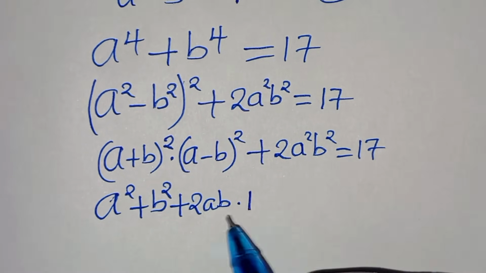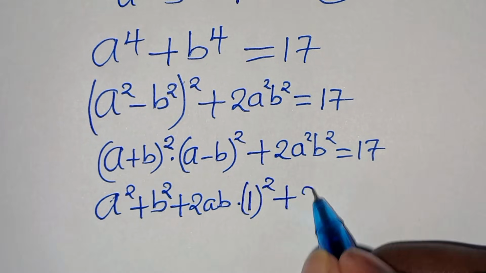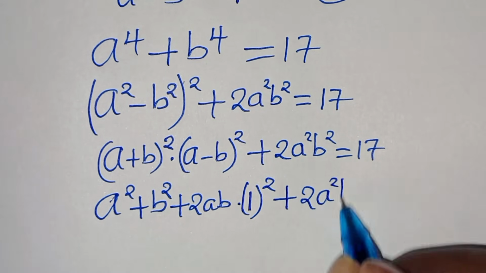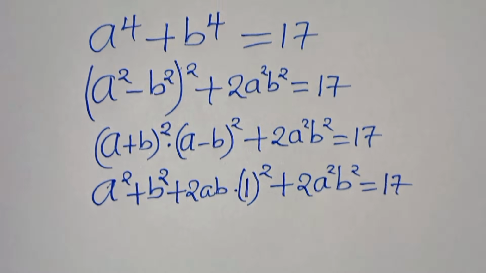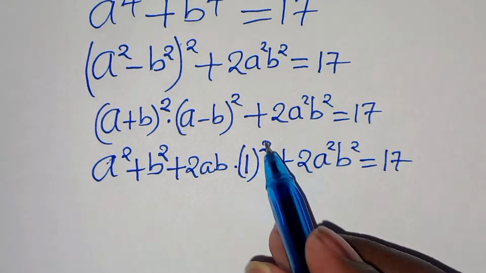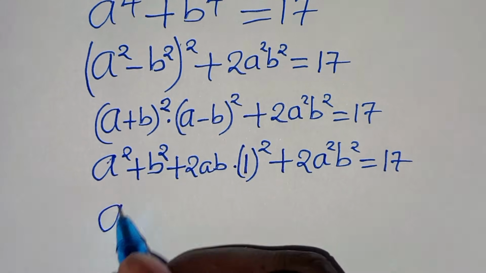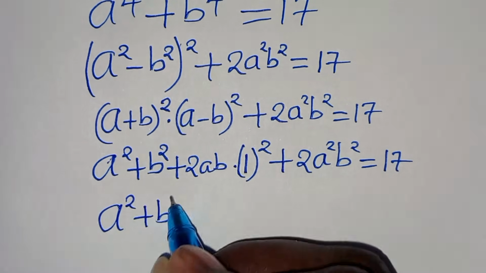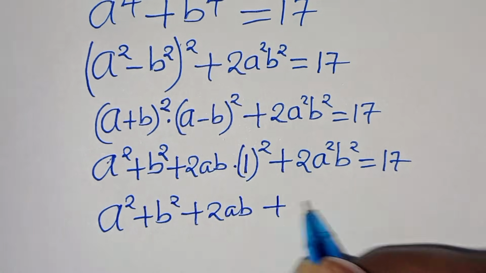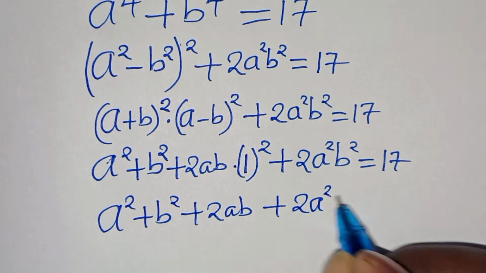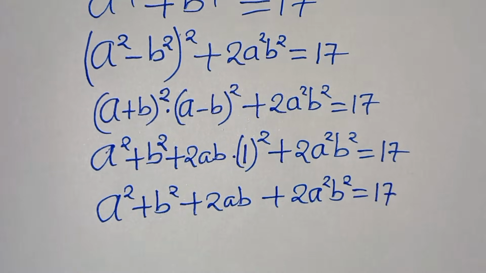So we have 1 raised to the power of 2, then plus 2a squared b squared. This is equal to 17. Now, 1 squared is 1 times a squared plus b squared plus 2ab, which is a squared plus b squared plus 2ab, then plus 2a squared b squared. This is equal to 17.